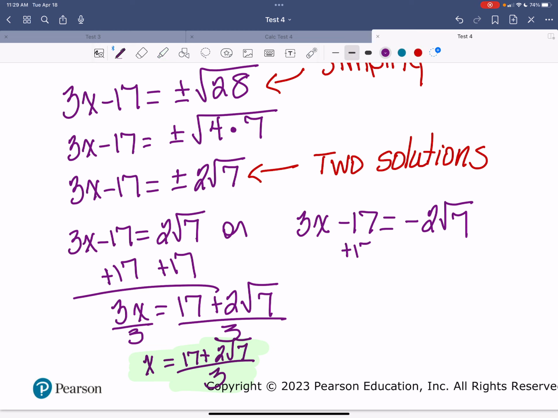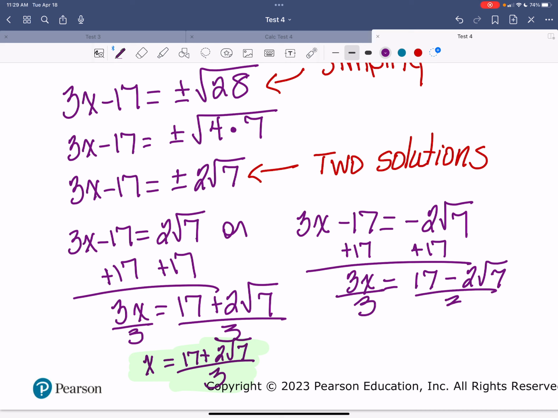I'm going to add 17 to both sides, and I'm left with 3x equals 17 minus 2 times the square root of 7. And then I'm going to divide by 3. So here, x equals 17 minus 2 times the square root of 7, over 3.